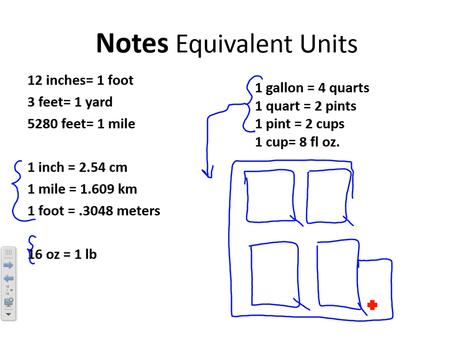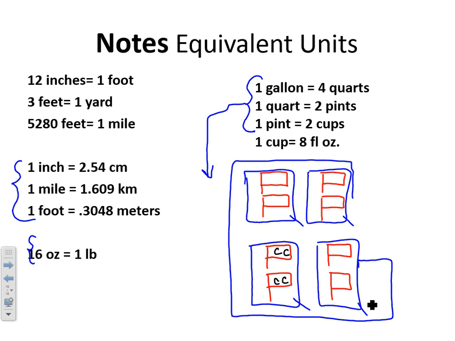In each quart, you have 2 pints. And in every pint, you have 2 little cups. I hope that helps you visualize those so you don't have to do as much memorization.